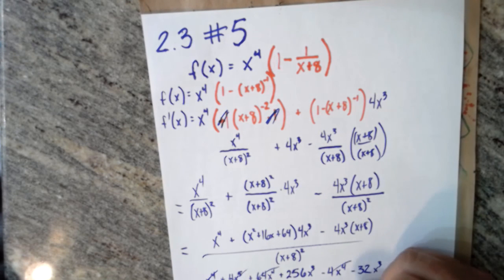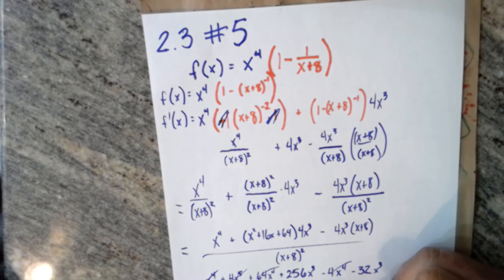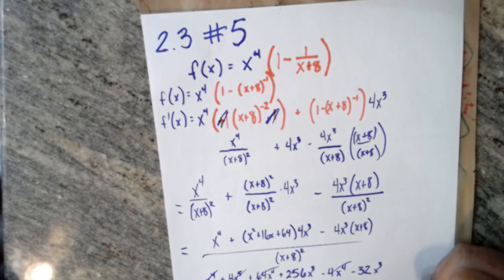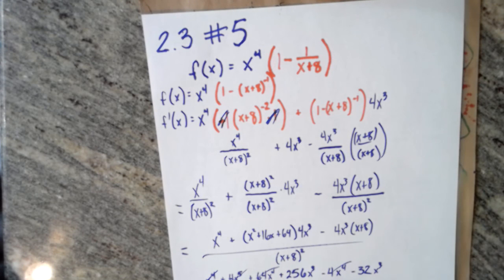So we can factor out an x cubed times 4x squared plus 61x plus 224, all over (x plus 8) squared.